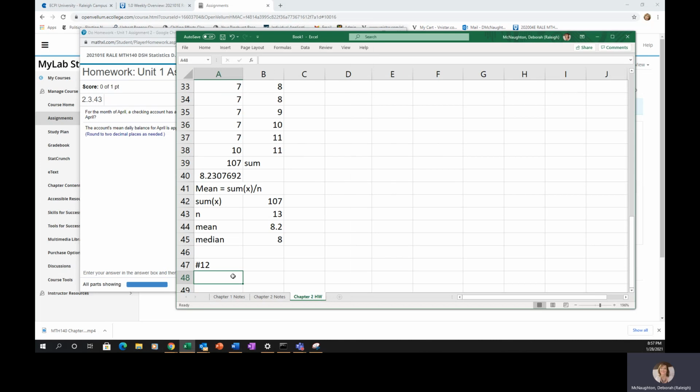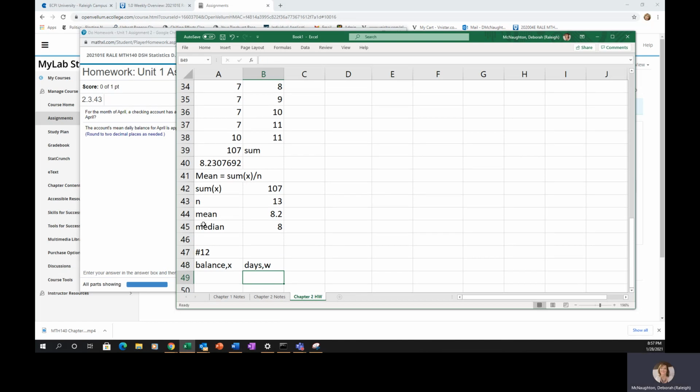So what we put in is the balance, and then we put in the number of days. Okay, so the balance is X, and the days is the weight, right? Because when I have this balance for a certain number of days, that's what I'm going to multiply by.